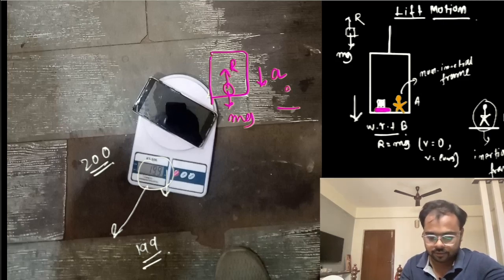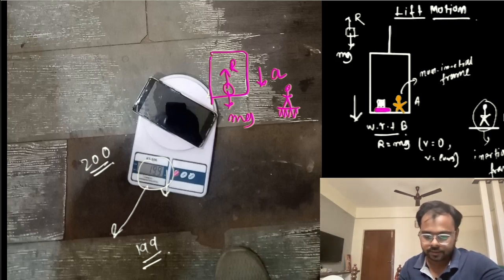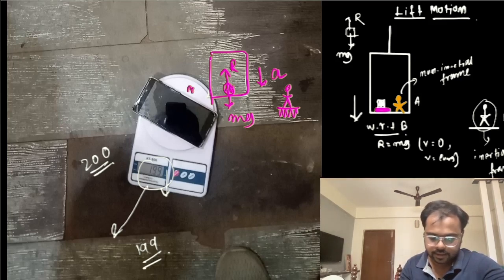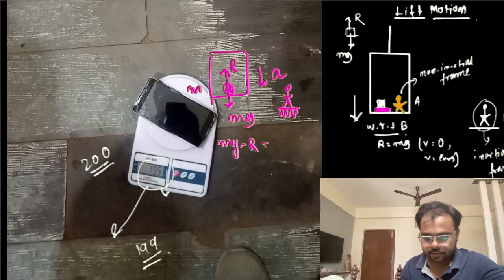With respect to the inertial frame of reference, the person standing outside, what is going to be the equation of motion? Here, definitely the mass of the object, say it's m. So mg minus R, as it goes down, is equal to mass into acceleration. What is the value of R finally?